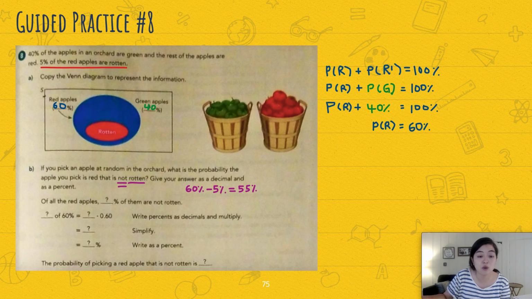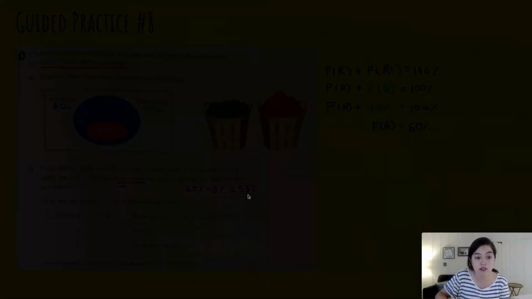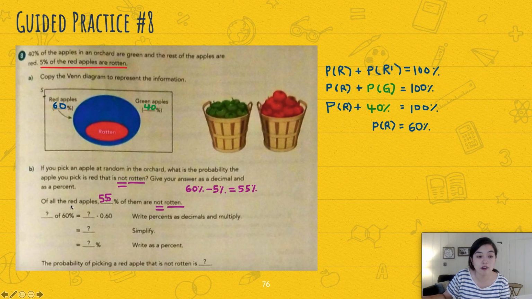So you know then the percentage of apples that are not rotten is 60% minus 5% of the apples that are rotten, which is equal to 55%. Okay, so we're going to put it here. Of all the red apples, 55% are not rotten.